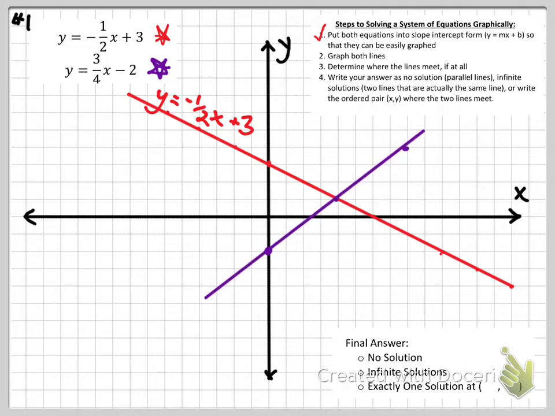So I have successfully captured the point at which these 2 lines meet. Hopefully you can see that it's right here. It looks like we get to this point by going over 4 units and up 1 unit. So we have exactly one solution, and it occurs at the point (4, 1).